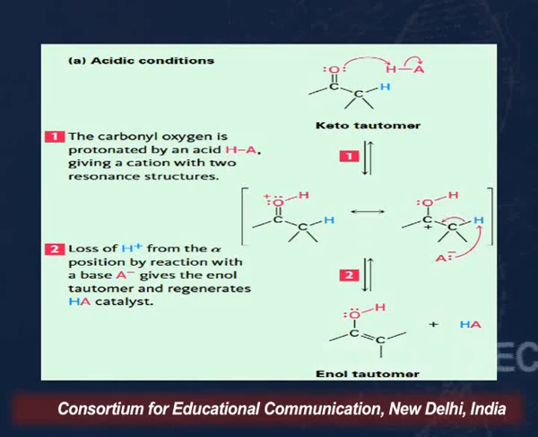So this oxygen now pulls the bonds towards itself through inductive effect, as a result of which the bond between the alpha carbon and alpha hydrogen weakens, and now the base picks up a proton from here and we get an enol form.